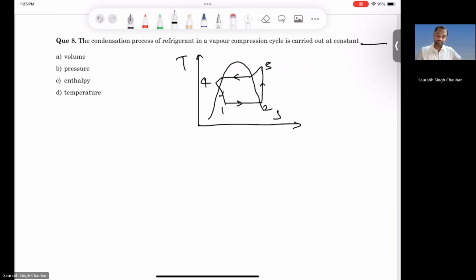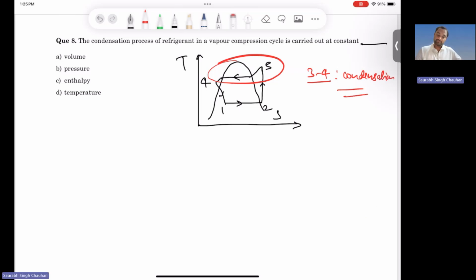So here is the condenser, process 3 to 4. This is condensation, and this process 3 to 4 is at constant pressure. So here is our isobaric line.